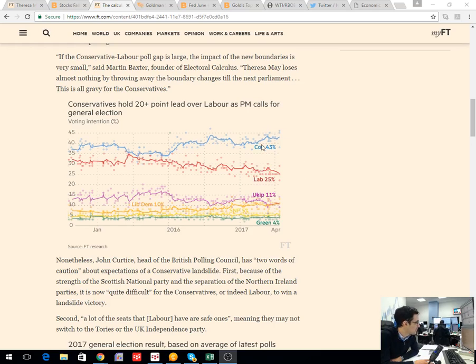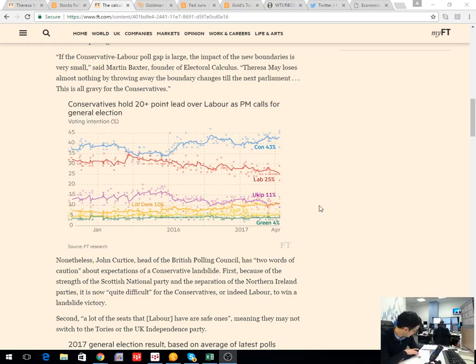And so this substantial gap at the moment and the lack of credible opposition means that she can have her most opportune moment to capture a lot more seats in government.